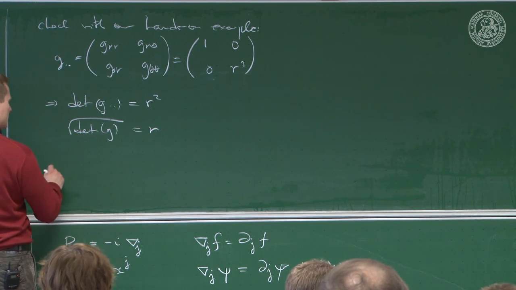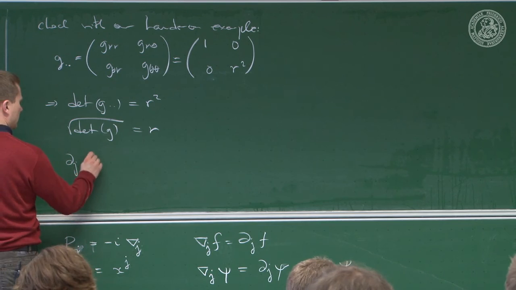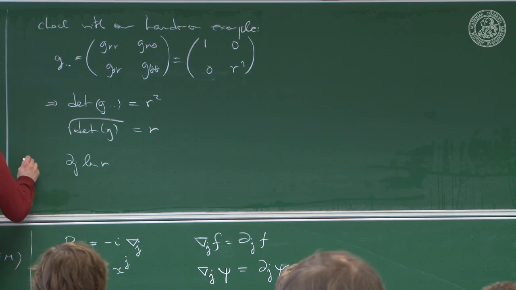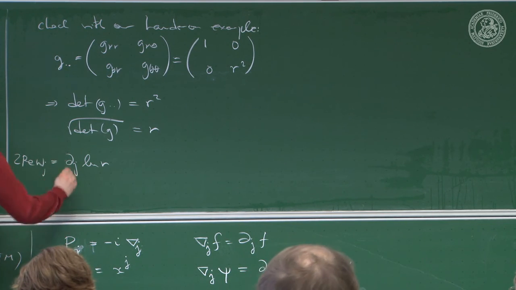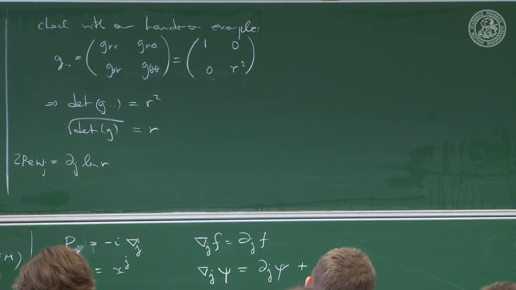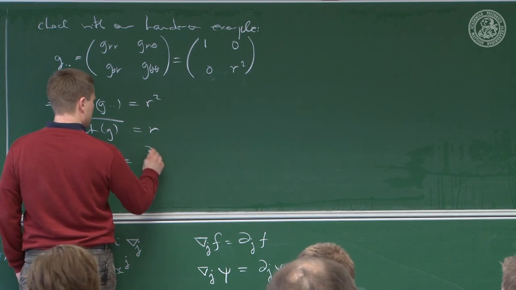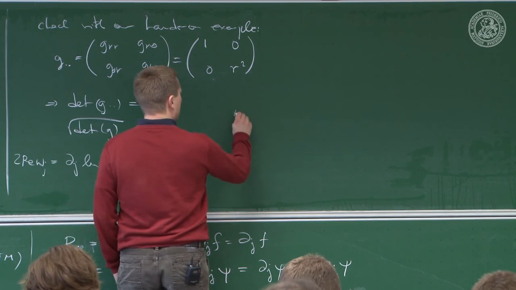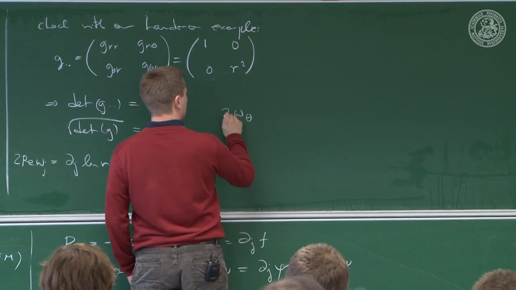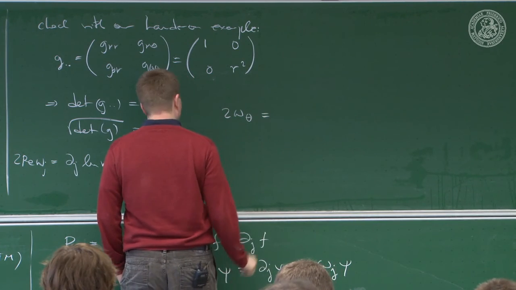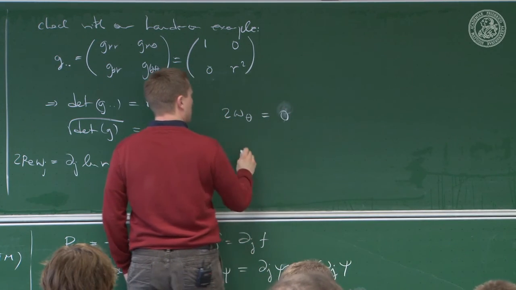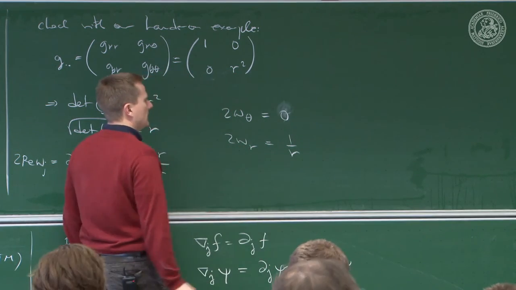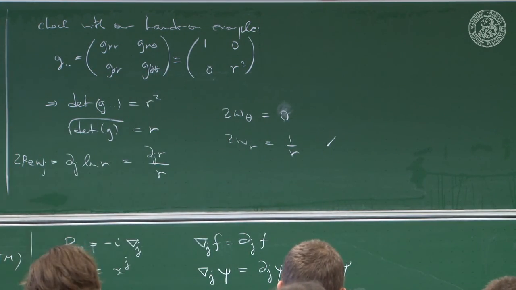And so then we calculate del j of ln r, right? And this is supposed to be 2 times the real part of omega j. And you know what that is. This is del j r over r. And that is for omega theta, we already take it real, this is 0. And for omega r, this is 1 over r.